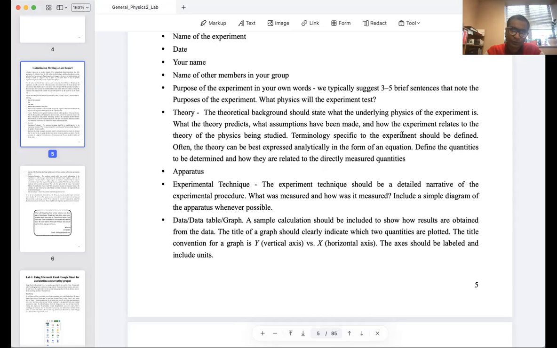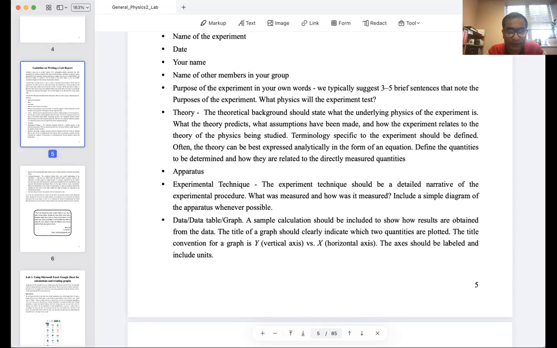We can do everything in Google Documents or Microsoft Word. So here I'm going to show how to write an equation or create a table in Google Documents. Let me show that.